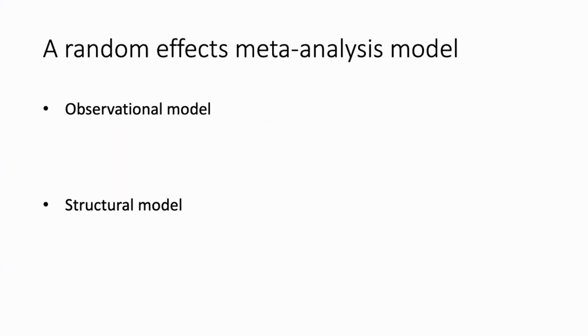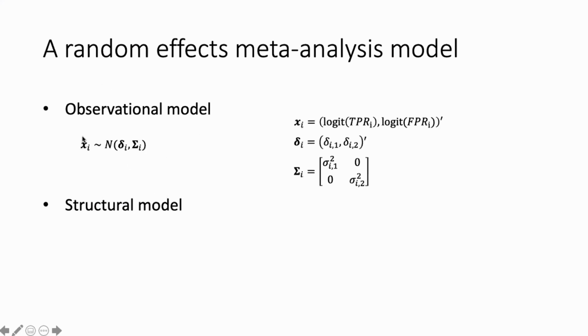How does a random effects meta-analysis model work? Well, it has 2 parts. It has an observational model whose role is to describe how the observed data, which is this vector little x from the ith study, connect to the true effects, to the true sensitivity and specificity here of the population that was used in this study.